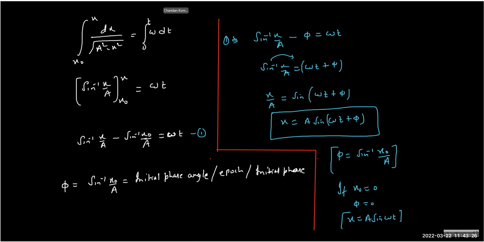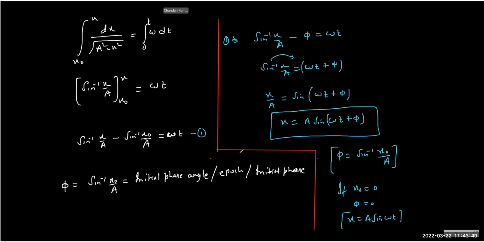So phi is called the initial phase. Initial phase is the angular mapping of linear motion. We'll come to that, the relation between SHM and circular motion, very soon. And phi actually represents where you were while oscillating on the x-axis or y-axis.